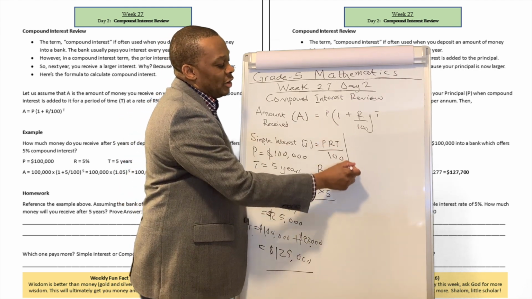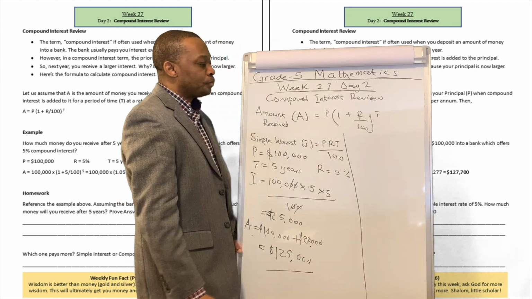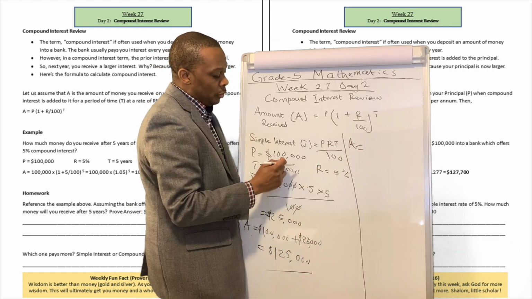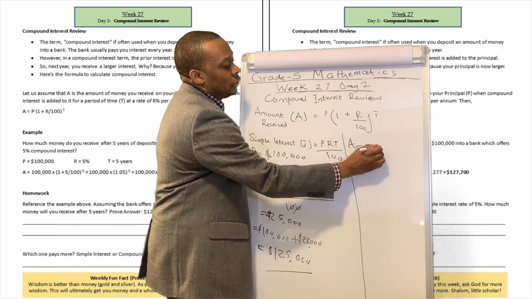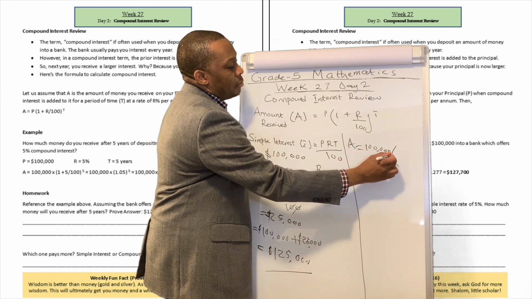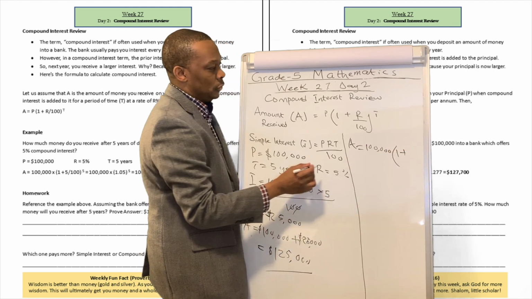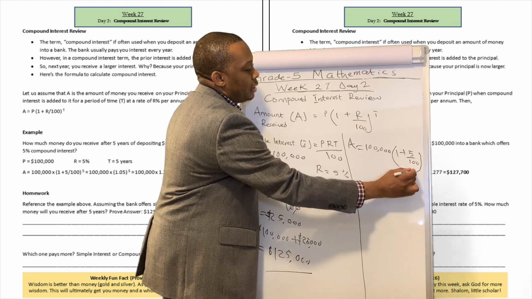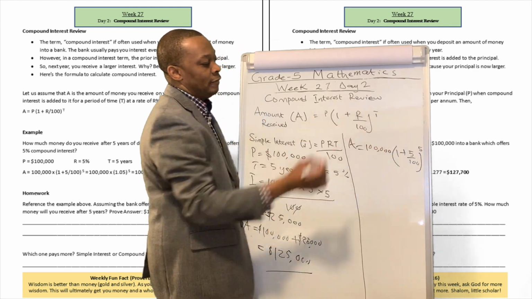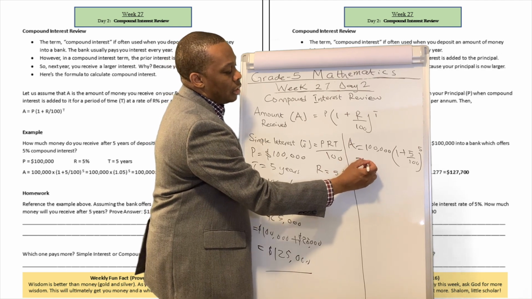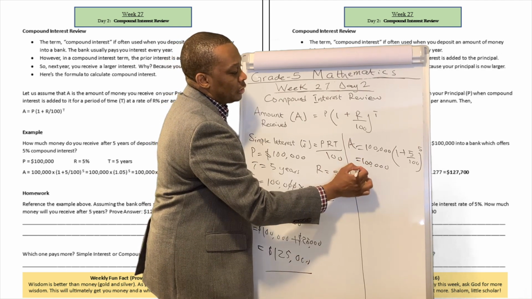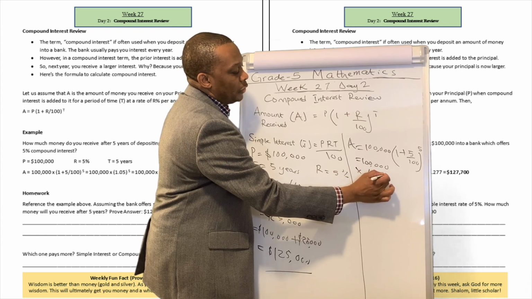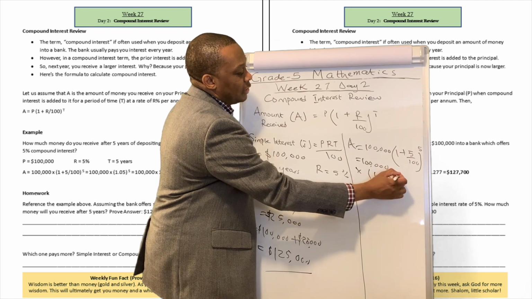But let's assume it was a compound interest situation. The amount of money that you are going to get after 5 years will be the principal, $100,000, multiplied by 1 plus the rate, which is 5, divided by 100, and then to the power of 5. Which is going to be $100,000 multiplied by 1.05 to the power of 5.